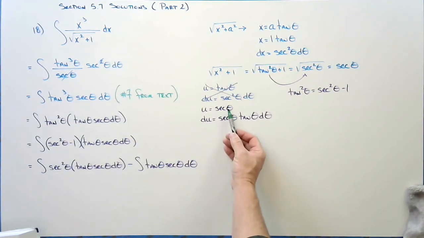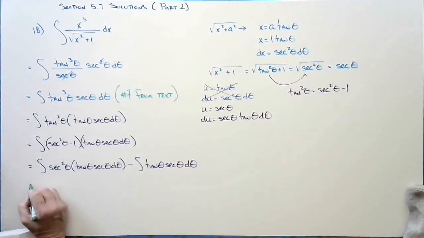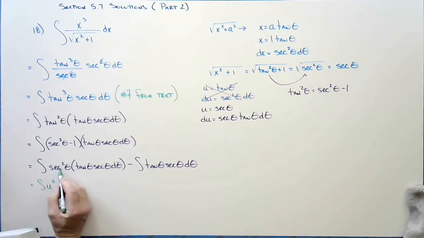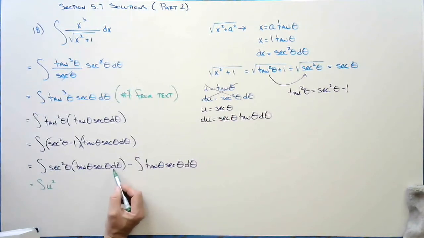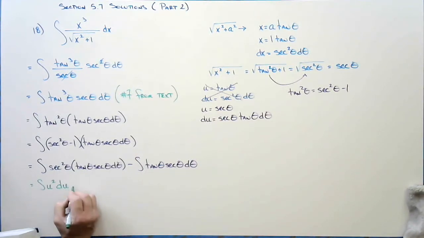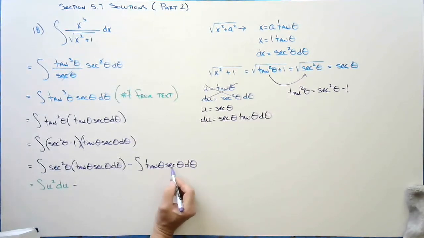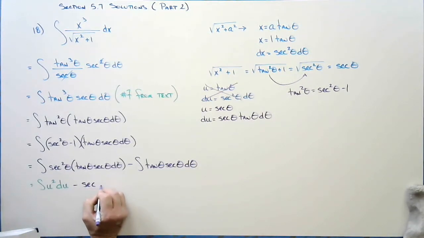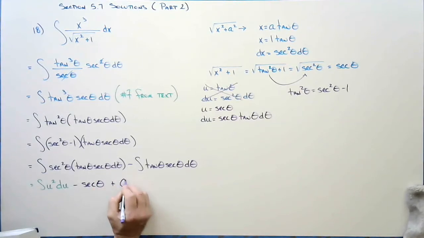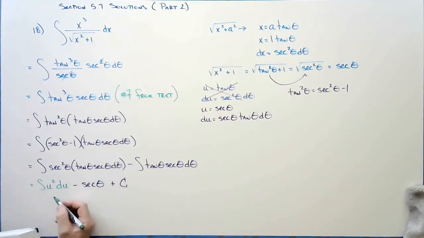U is secant of theta. So this is going to be the integral of u squared, where u is secant and tangent theta secant theta d theta is du. Minus the integral of tangent theta secant theta d theta, which is just secant theta. There's our constant. The integral of u squared du is u cubed over 3, right? So that's going to give us u cubed over 3 minus this.